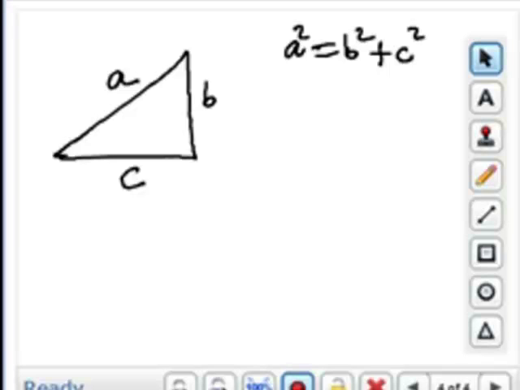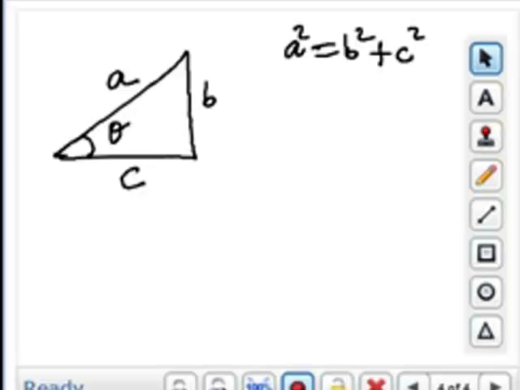Okay? Hopefully everybody is recognizing this. Similarly, if I introduce an angle, say theta, then I can use the relationship that exists between A, theta, C, and B. Right? And there is a bunch of them.